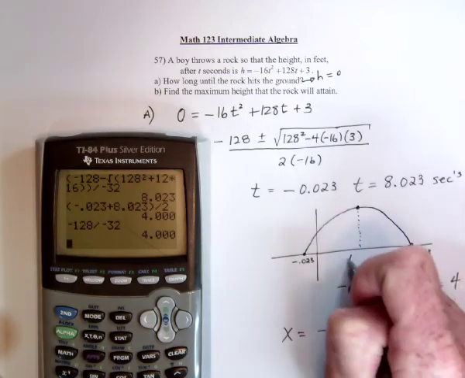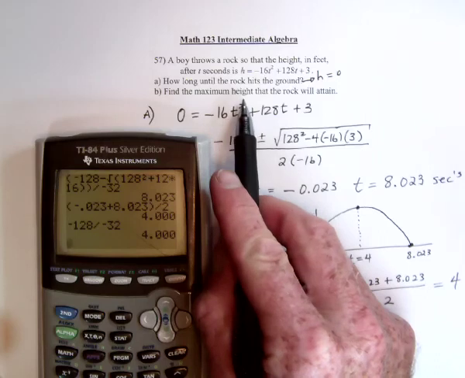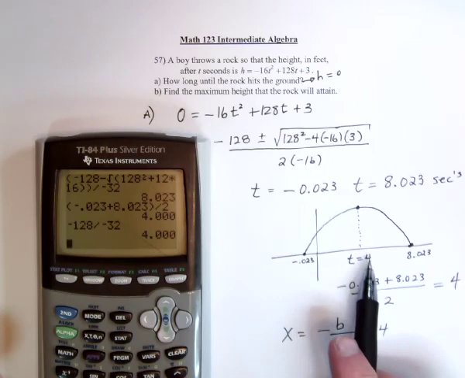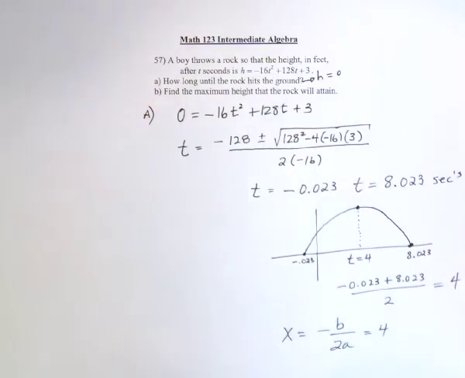Now, that means t equals 4 seconds, but it's saying find the maximum height, not when did it happen, but what was the actual height. So now we need to take this 4 and substitute it into the height function to find out what was the maximum height at that moment.